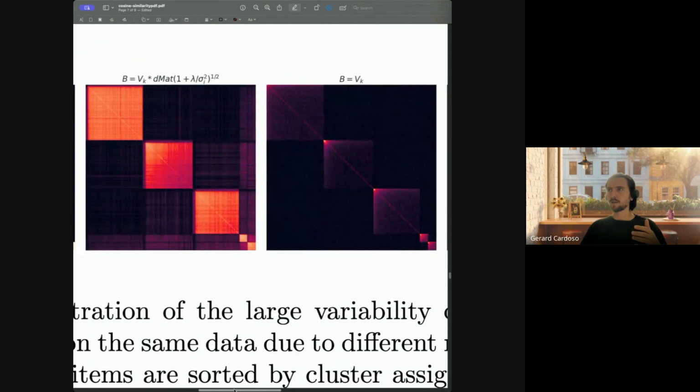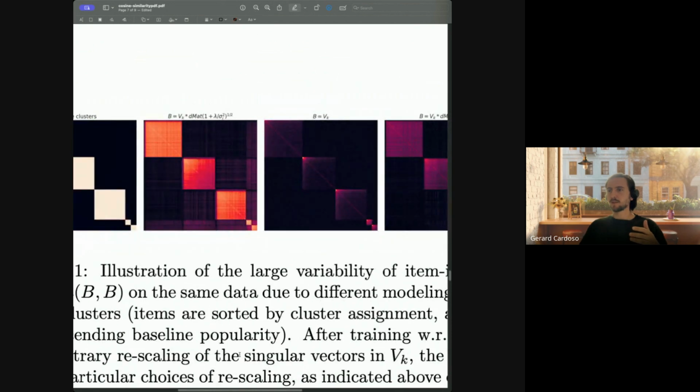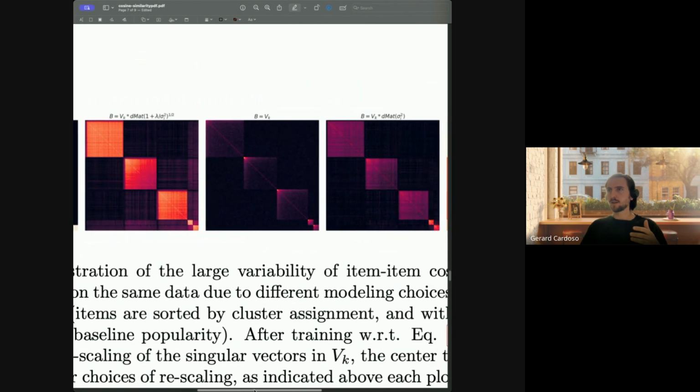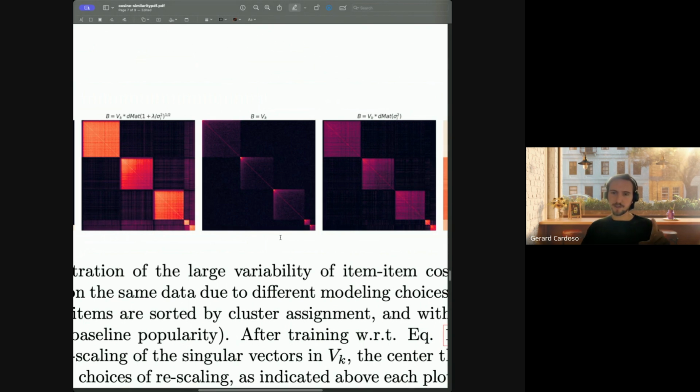If you look at these 3 results, it's basically the first regularization scheme with different scaling matrices, the diagonal matrix D. So the different choices of those, and basically showing how that can lead to wildly different results in the cosine similarity between the items.